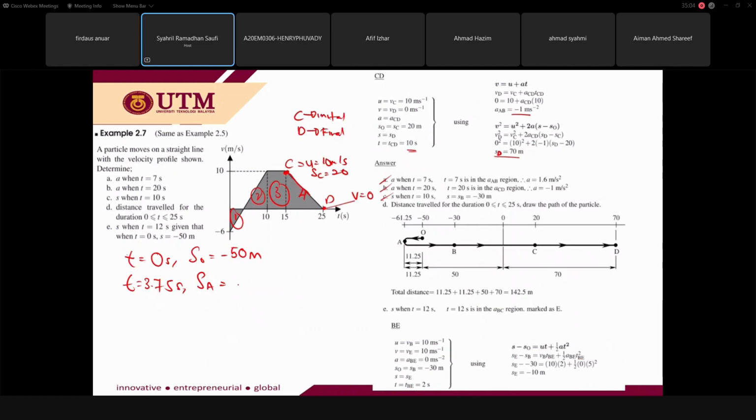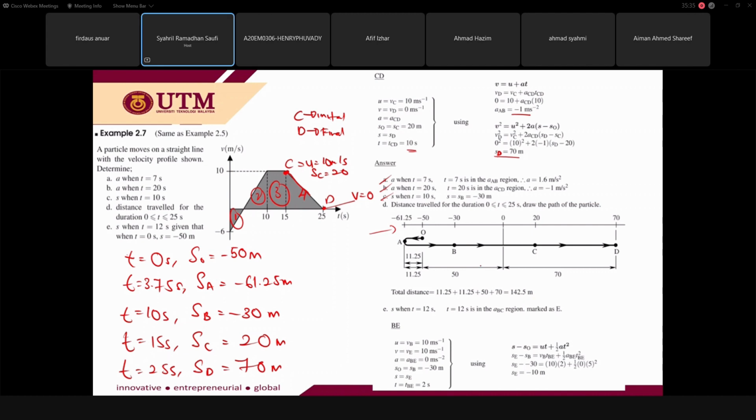So you list everything, then you put it in a displacement line like this. Then at t equal to 10 seconds, you get SB equal to negative 30 meters, and at t equal to 15 seconds, you get SC equal to 20 meters, and at t equal to 25 seconds, you get SD equal to 70 meters.